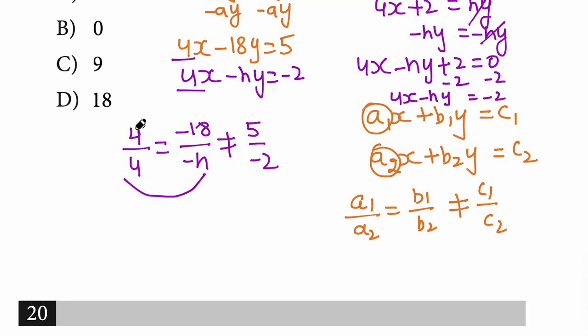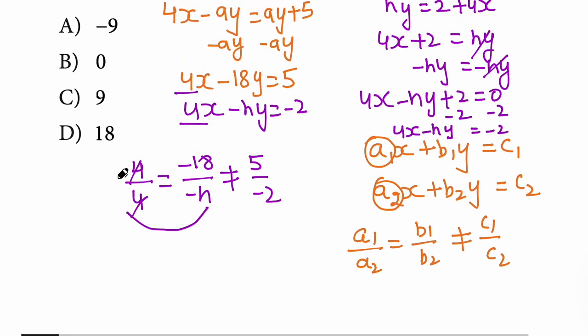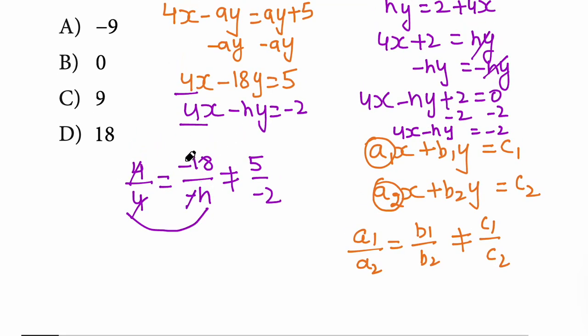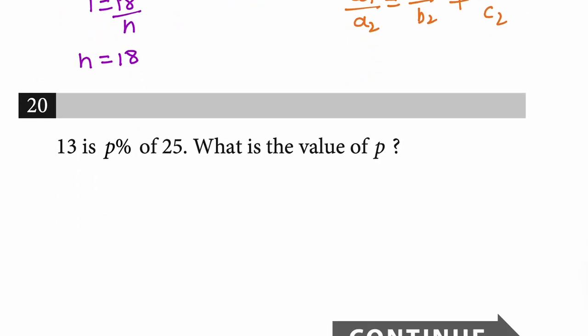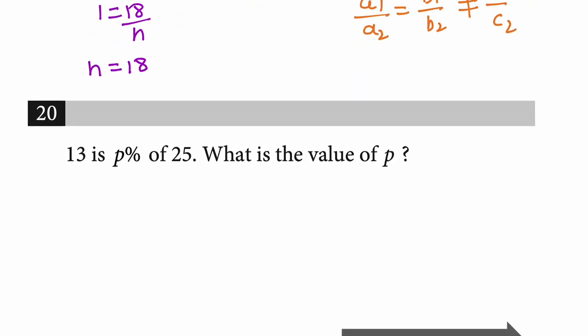Let's solve it. 4 is cancelled with 4. Negative is cancelled with negative. So 1 is equal to 18 upon h, multiplying by h on both sides. So h is equal to 18. That means D is the right option. Now let's come to 20th.